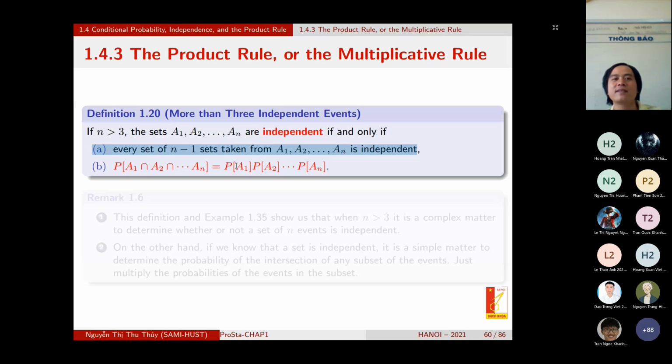For example, if we consider 10 independent events, we need to know whether 9 events are independent or not, and then for 9 events we need to consider whether 8 events are independent or not, until the beginning: the first step is whether two events are independent or not.